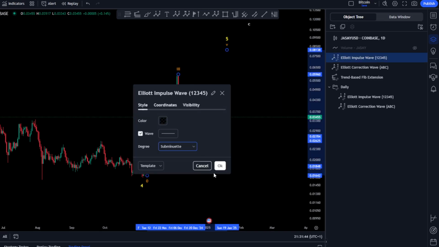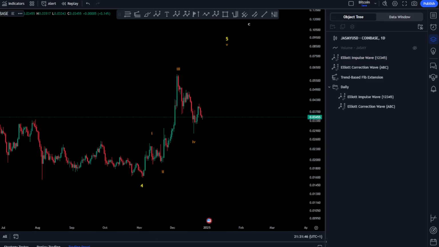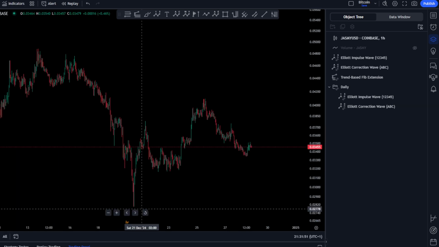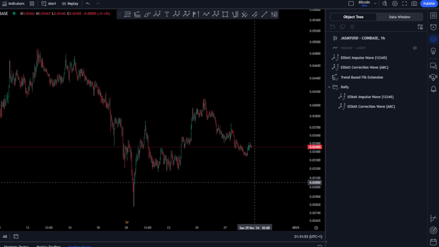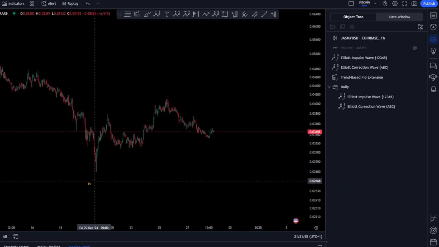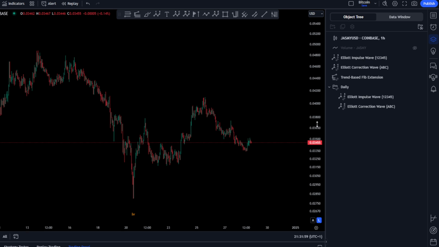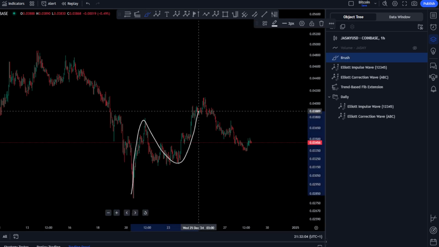So basically, this scenario might unfold in the, let's see, in the 1 hour chart here. 1, 2, 3. Okay, we don't have a clear impulse yet on the 1 hour chart for the bullish scenario because this looks like three waves.